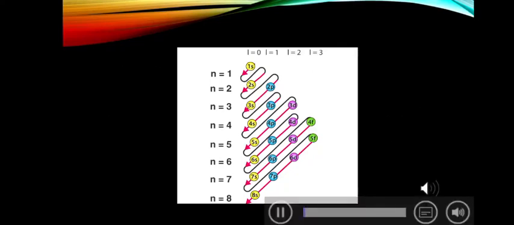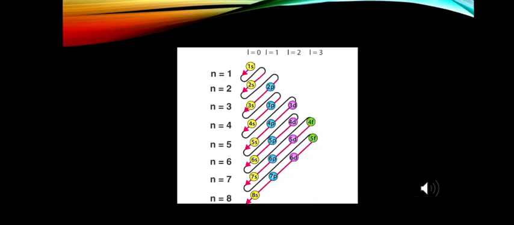So here we will see how we have to fill the electrons in the different orbitals. According to the different principal quantum numbers, we have different orbitals. For n equal to 1 we have the 1s orbital, for n equal to 2 we have 2 orbitals, 2s and 2p. For n equal to 3 we have 3 orbitals, 3s, 3p and 3d.